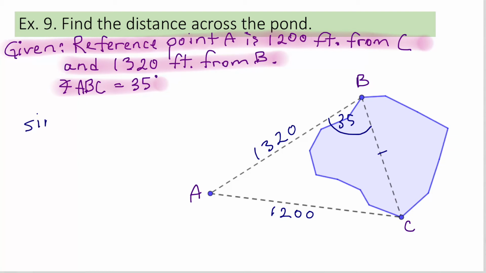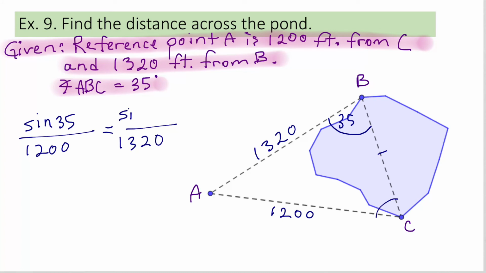Sine of 35 degrees divided by 1,200. And then we have another side, 1,320, which is opposite angle C right here.